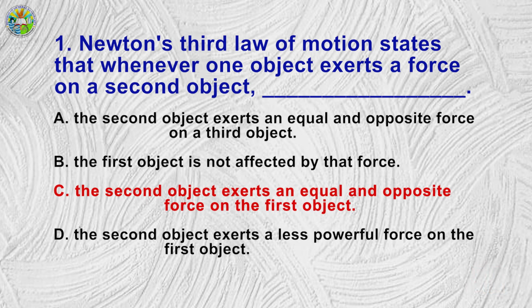Question number 1. The correct answer is letter C. The second object exerts an equal and opposite force on the first object. Did you get the correct answer? I know you do. Now try the next question.